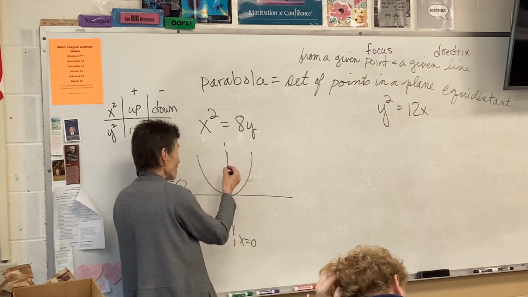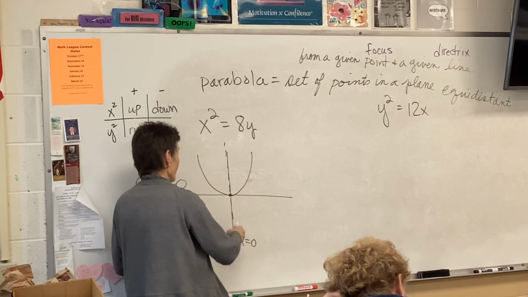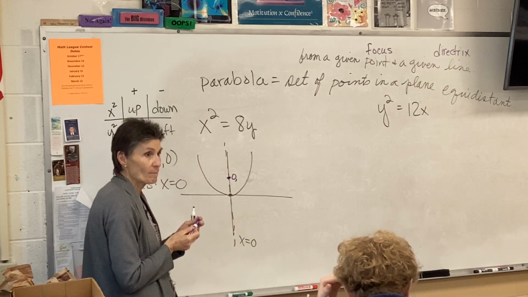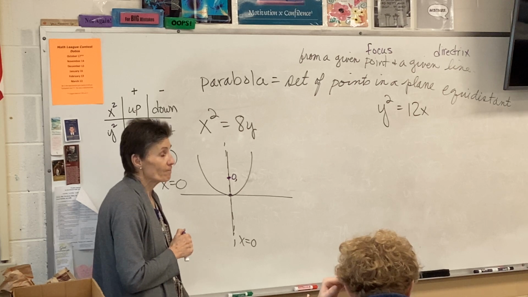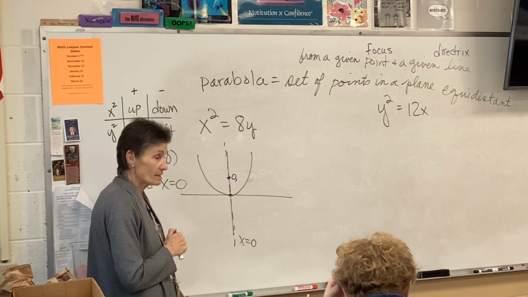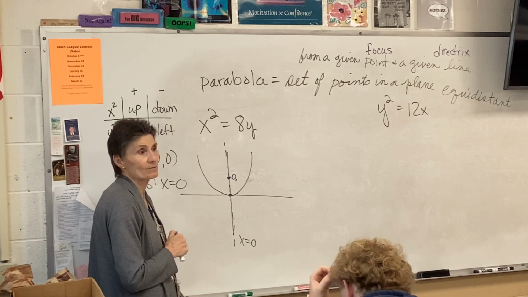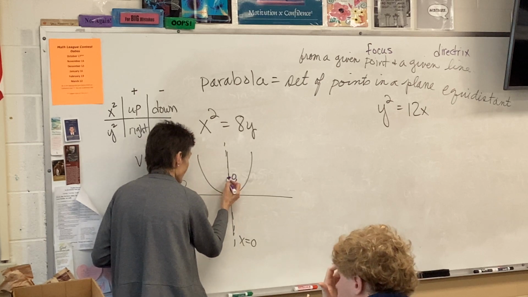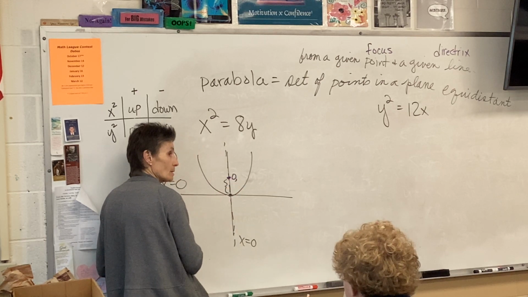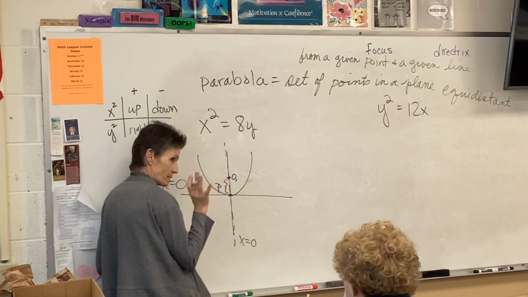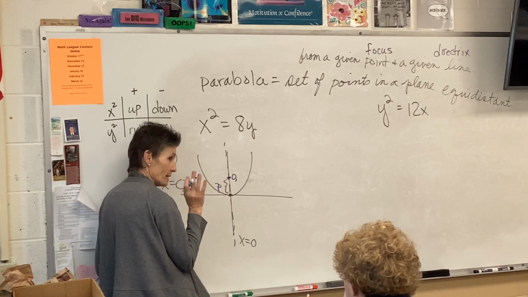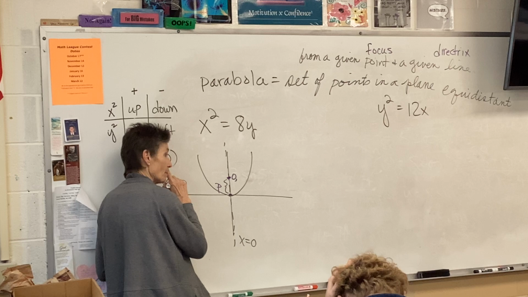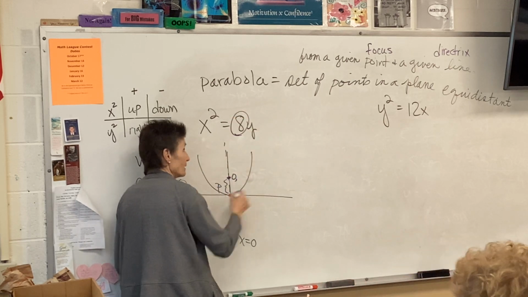That means that every x on this line is going to be 0, including that one, which is my focus. The focus is always inside the parabola on the axis of symmetry. Now, this distance right here, we call p for some reason. I don't know, Google it, I have no idea. Call it p. In every equation of a parabola, this coefficient is 4p.